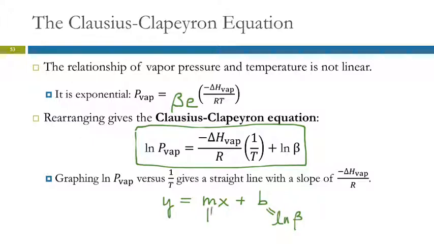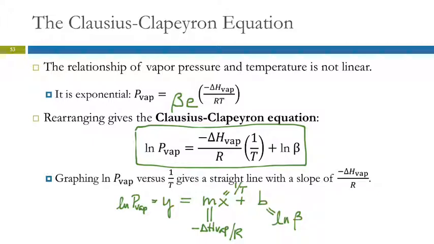The slope is equal to negative heat of vaporization divided by R. What we're graphing here for y is the natural log of the vapor pressure, and x is 1 over T.